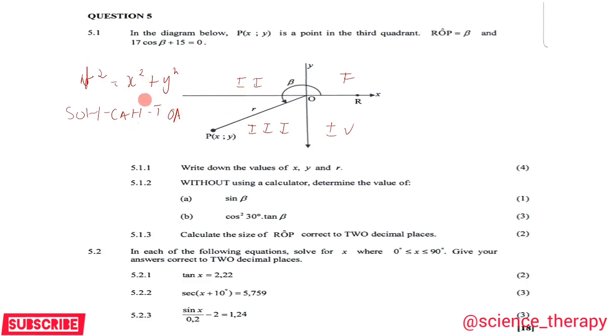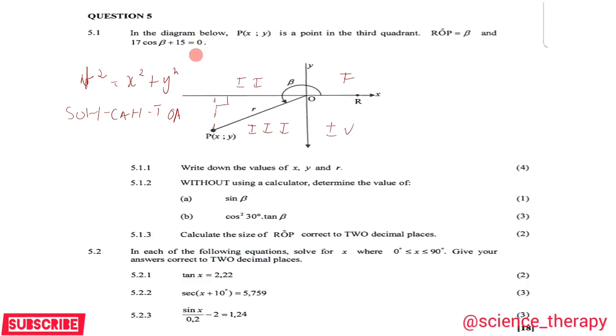But in order for us to use this concept, we have to make sure that our diagram is a right angle triangle, right? So we just go ahead and join this to a vertical line so that we have a right angle triangle.